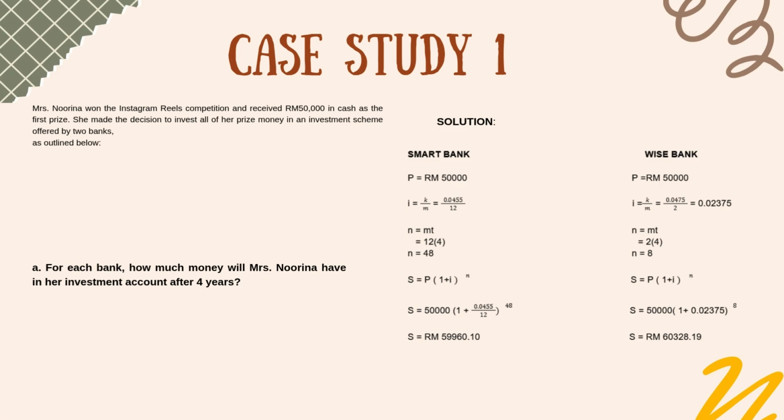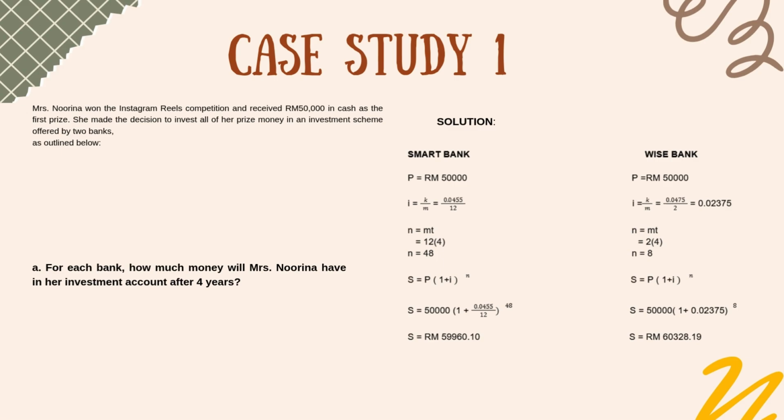For this question, we need to calculate the final amount for both banks. The first bank is Smart Bank. First, we have P equals RM50,000 and i equals 0.0455 divided by 12, and n equals 12 times 4, which equals 48. After getting all these values, we use the formula S equals P(1 plus i) to the power of n.